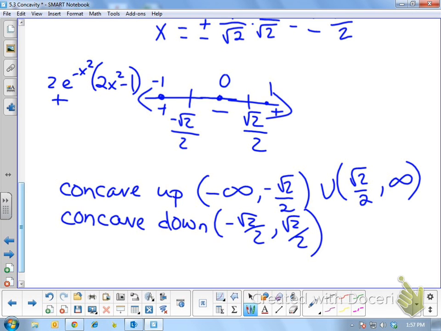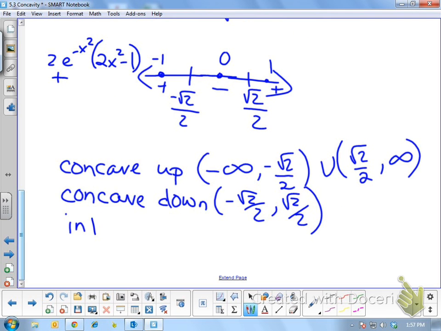And where's our inflection point? We have an inflection point if we did switch concavity. So did we switch concavity at -√2/2? Did our concavity go from up to down or down to up?